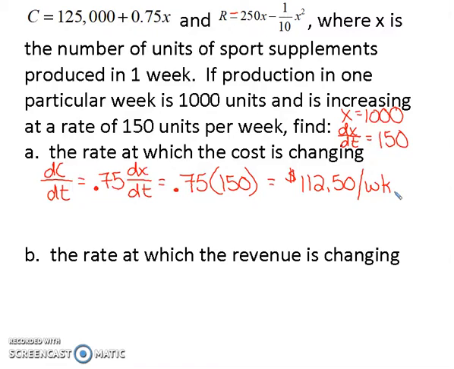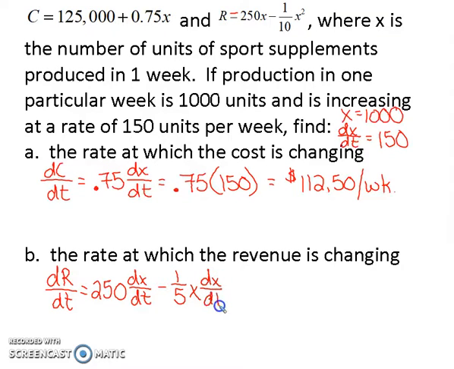So then part B wants the rate at which the revenue is changing. So we'll do the exact same thing, but we're going to do it using the derivative of the revenue function. So the derivative of 250x would be 250 dx/dt. And then the derivative of minus 1/10 x squared would be minus 2/10, or 1/5, x dx/dt.